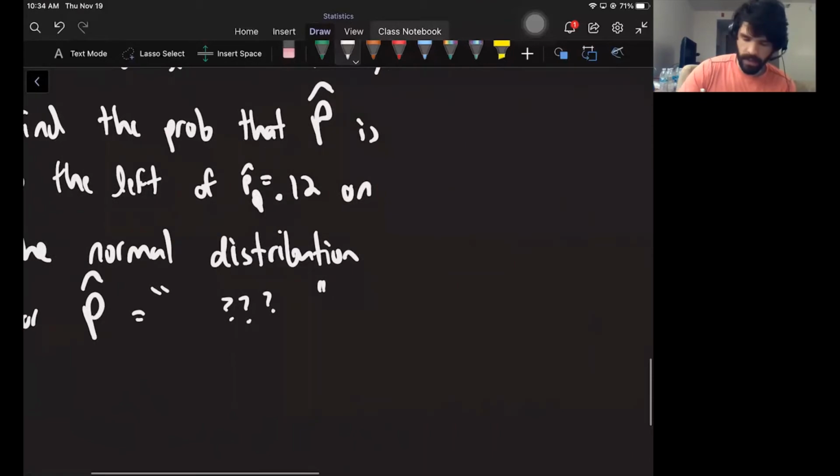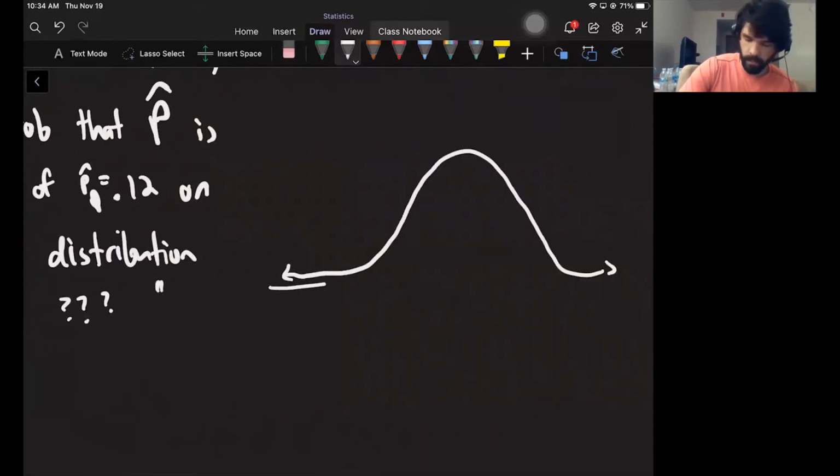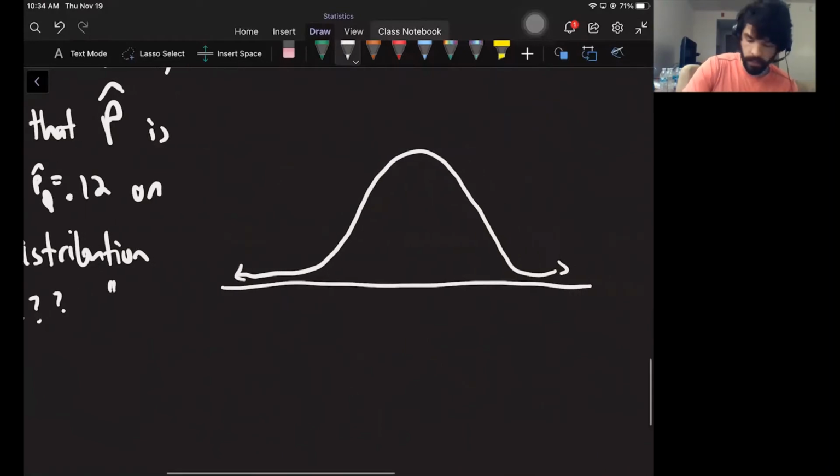So there's got to be some normal distribution that we can look at, where we don't know these things yet, but we'll fill all this in once we get the idea. And 0.12 is on here somewhere. I don't know where, but pretend it's there, and we're finding this area.